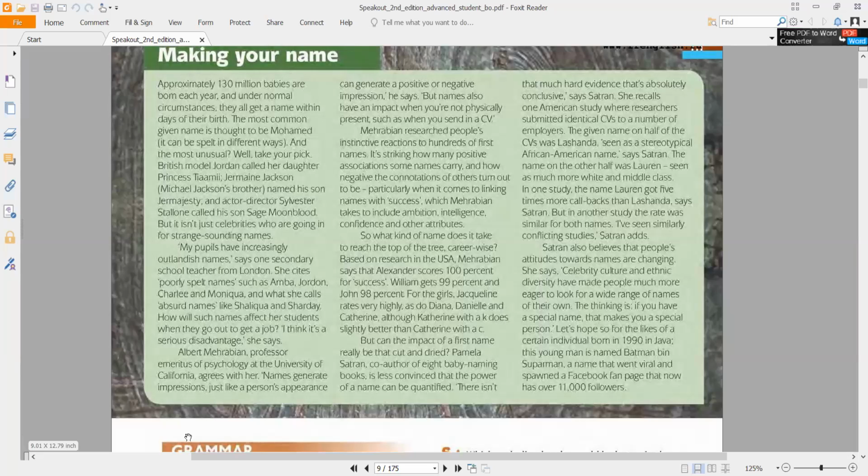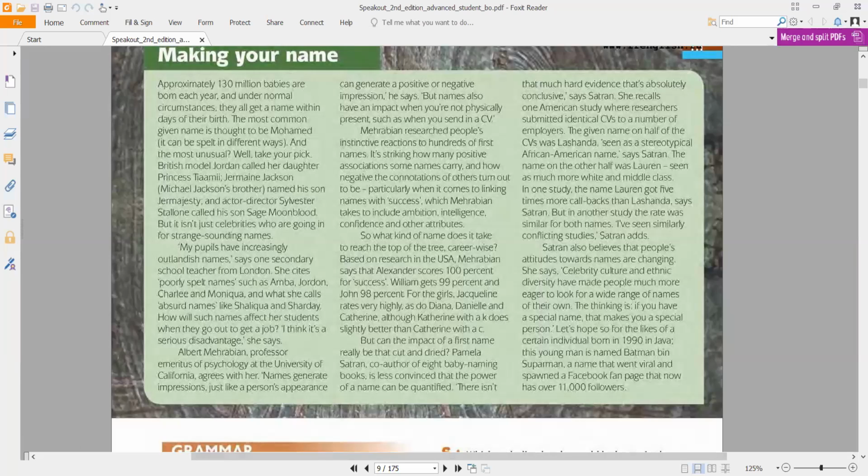Mehrbain researches people's instinctive reactions to hundreds of first names.